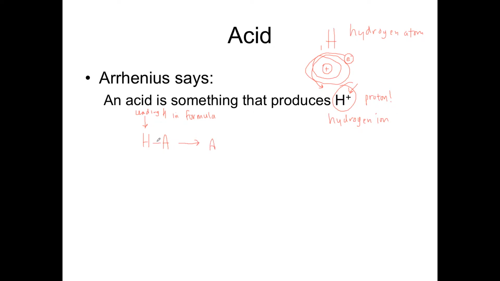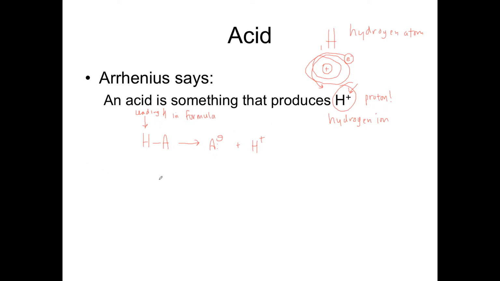A is going to get the bonding electrons. You see these electrons right here? They'll be here, and that will be A minus, really, and it'll leave an H+ in its wake, or it'll leave a proton in its wake. And so Arrhenius says that an acid is something that produces protons. So can you see that here? HA produces conjugate base and protons.